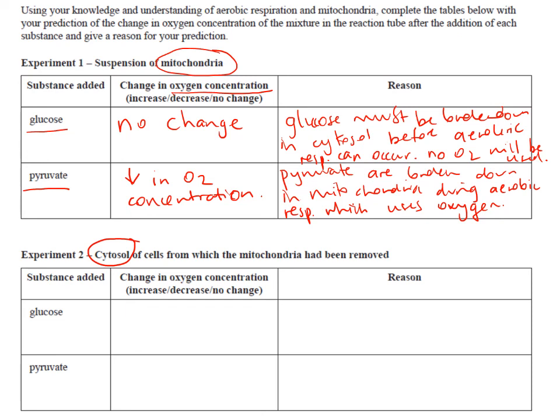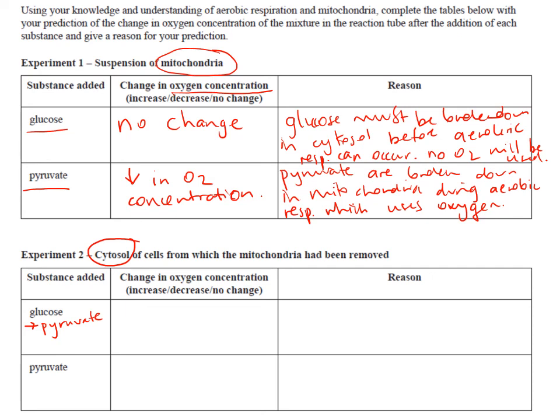Now, if we think about it, glucose, if added to mitochondria, will get broken into pyruvate. We know that. Now, if there's no mitochondria here, will step 2 occur? So if there's no mitochondria, we're not going to have aerobic respiration occur. So this would remain in anaerobic respiration because there's nowhere for the pyruvate to actually move.